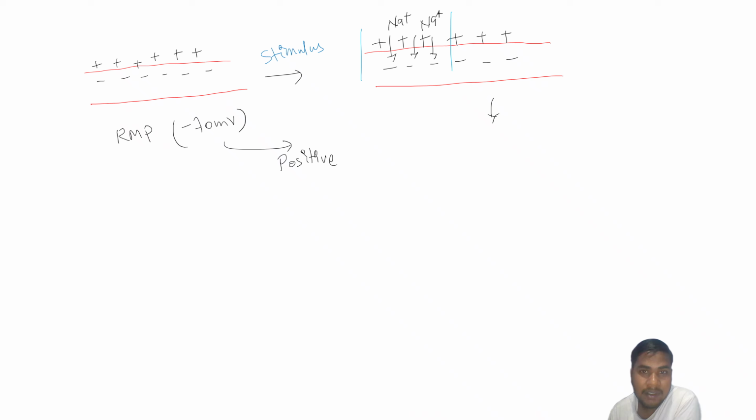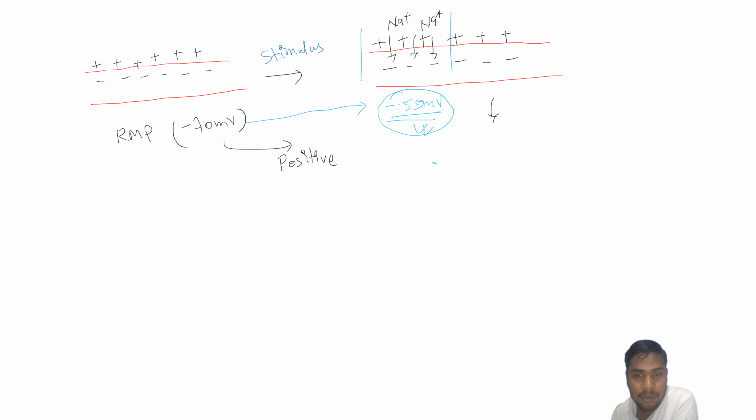But if the stimulus is strong enough that sodium ion continuously moves inside and leads to change in membrane potential from minus 70 millivolt to approximately minus 55 millivolt, this is the stage when most of the voltage gated sodium ion channels open up, and also at this membrane potential, minus 55 millivolt, the potassium channel also starts opening.